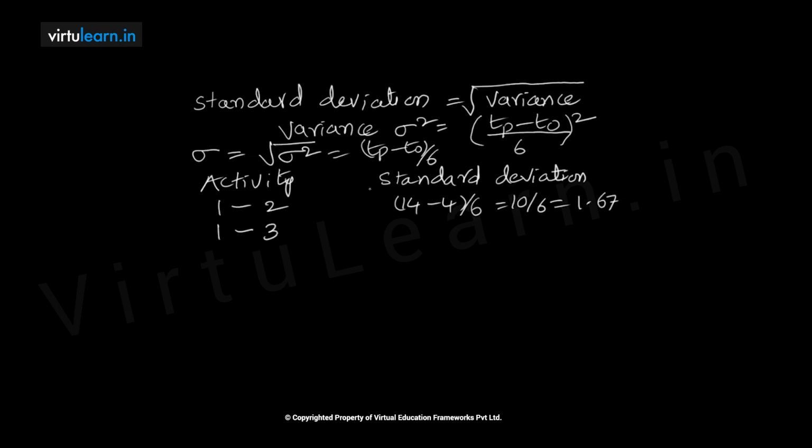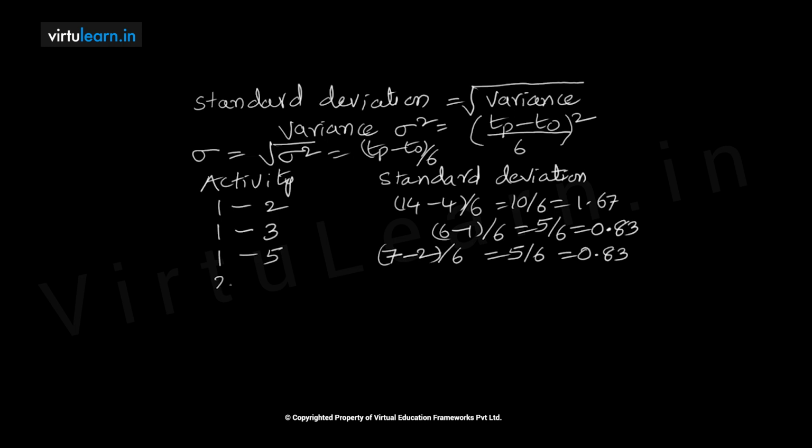Then 1 to 3 is given by 6 minus 1 divided by 6, equal to 5 by 6, equal to 0.83. Then activity 1 to 5: 7 minus 2 by 6 is equal to 5 by 6, which gives us 0.83.